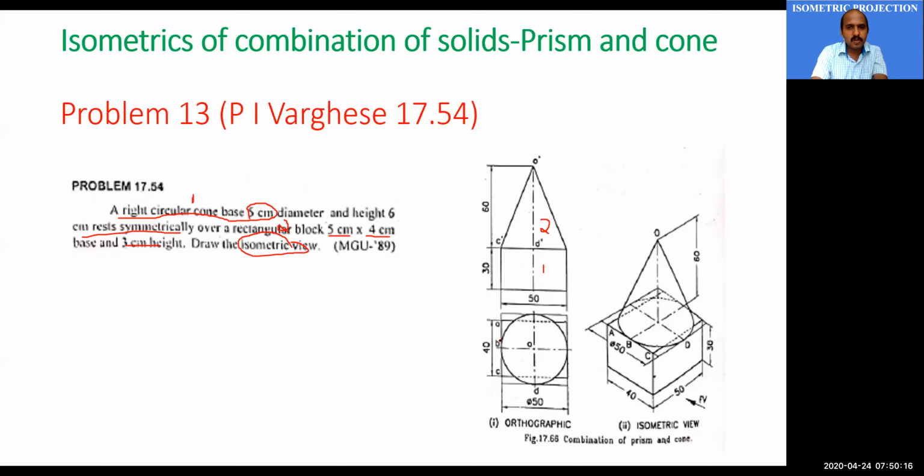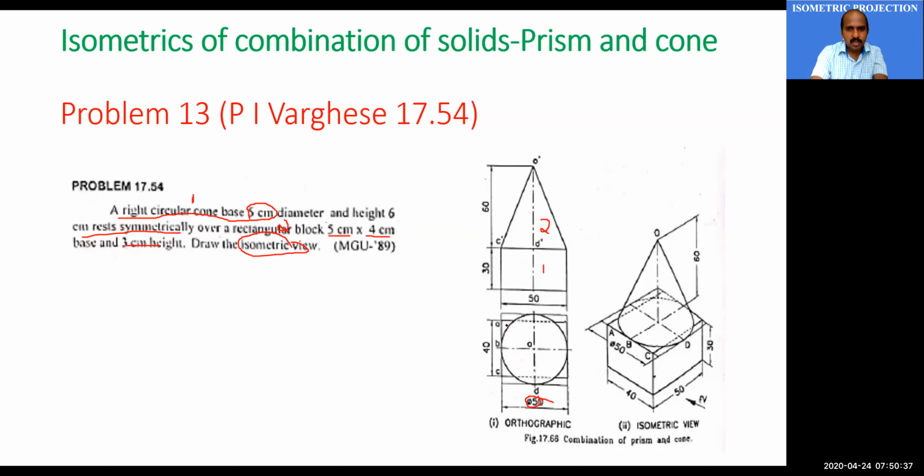In the top view, at the bottom we have a rectangular block, a rectangular prism, 50 mm length and 40 mm width.